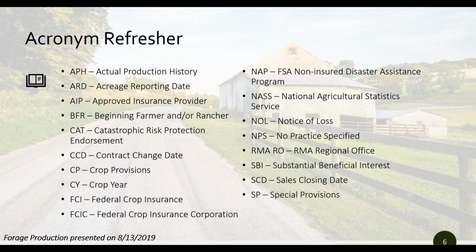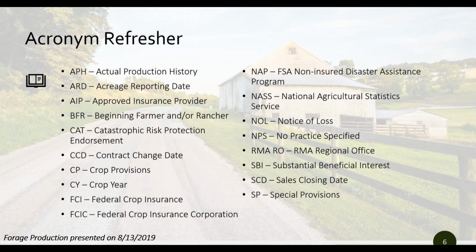A couple of the others that we'll be using today is the NASS, National Agricultural Statistics Service. I've got a slide on there to cover what the potential or the opportunities for forage production are in the state of Pennsylvania. Notice of loss, NOL, is a term that's frequently used by your agent and your adjusters when you're dealing with those folks.